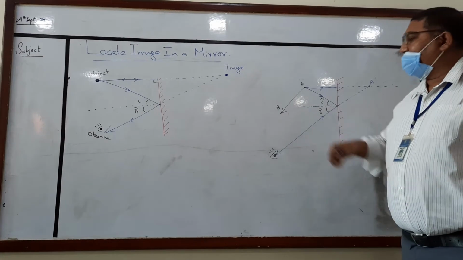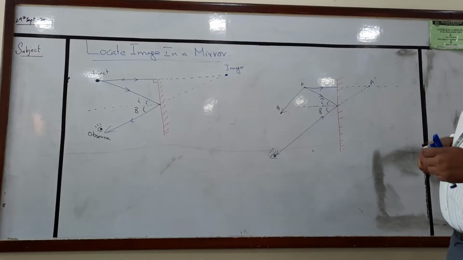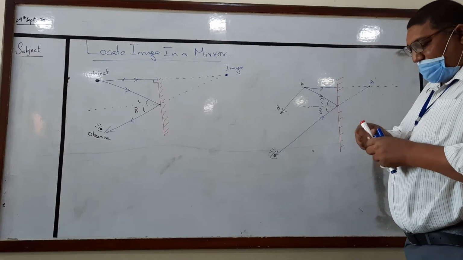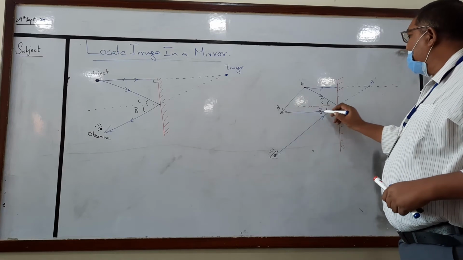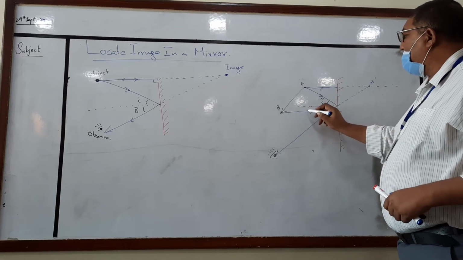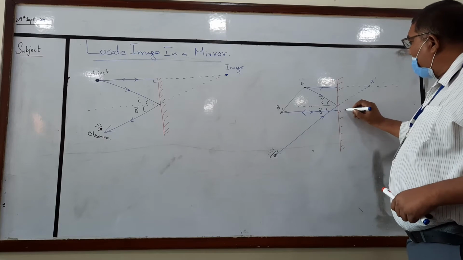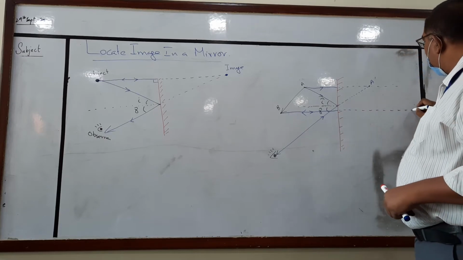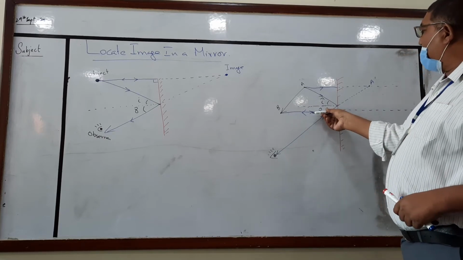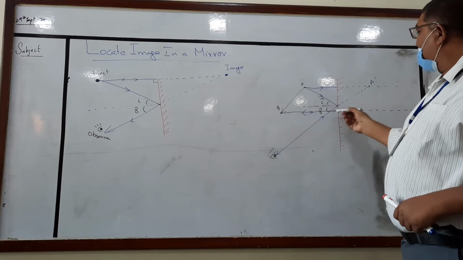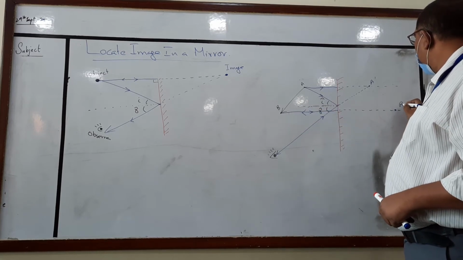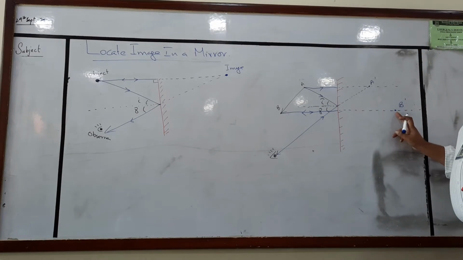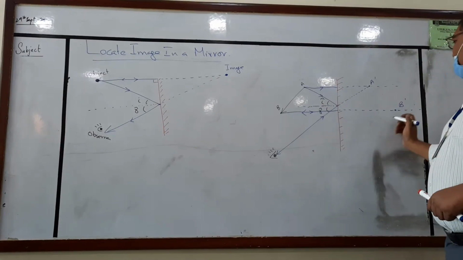Okay, now let's do it for B. From B, I will start a ray which comes perpendicularly to the mirror, and I will prolong it behind the mirror. I will check how much is the distance. Okay, so B will be here. Let me call it B prime. Then I will join B prime with the observer.